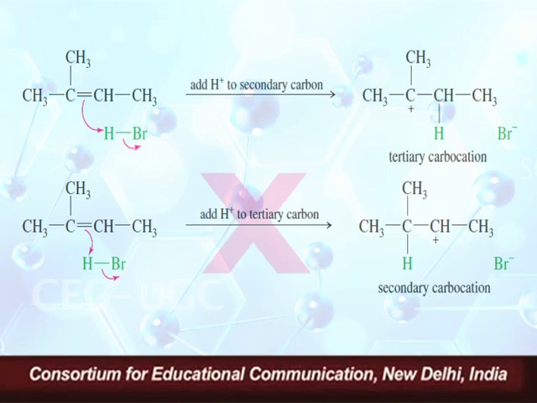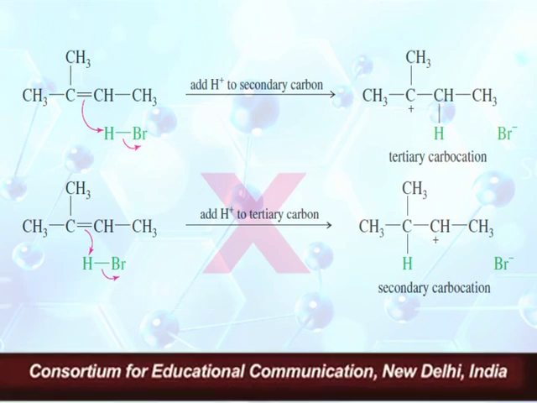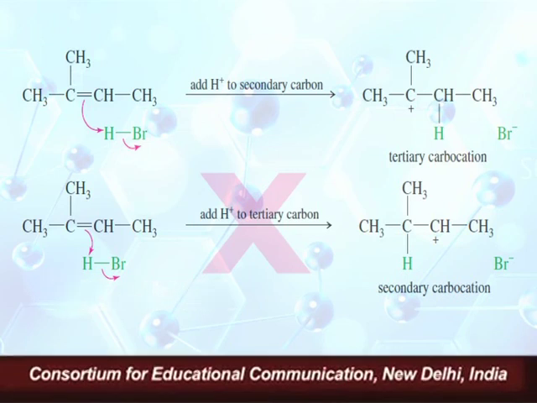So what we find here is that if hydrogen adds to that carbon which is less alkylated, then it results in the formation of a tertiary carbocation. Whereas if hydrogen adds to a carbon which is more highly alkylated, then a secondary carbocation is formed.